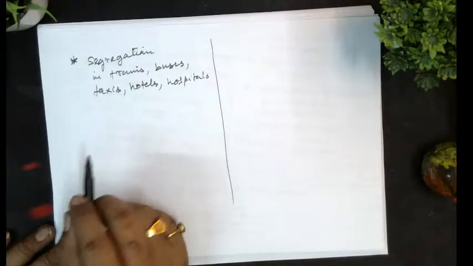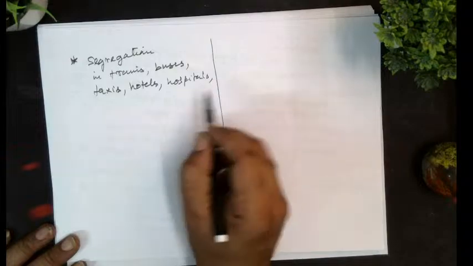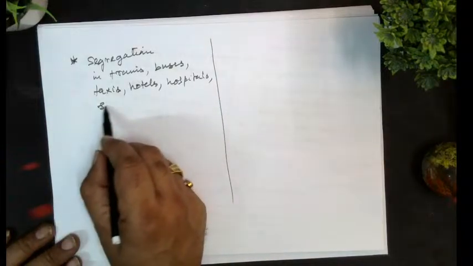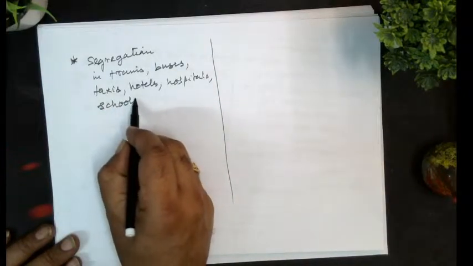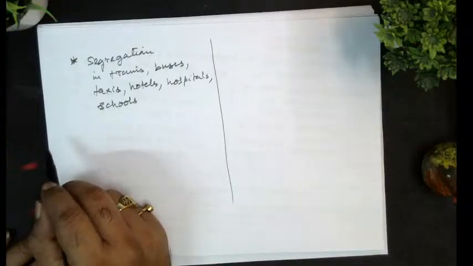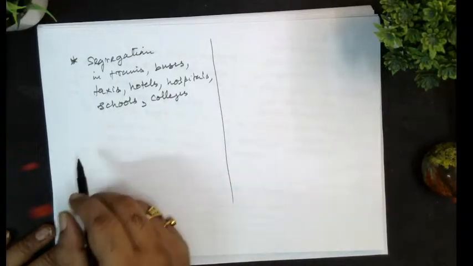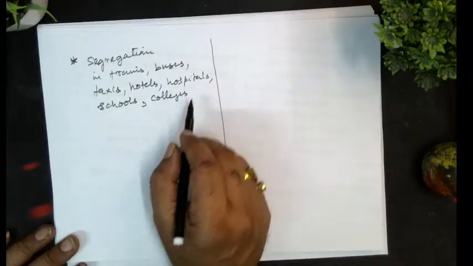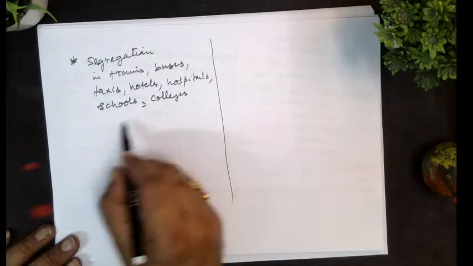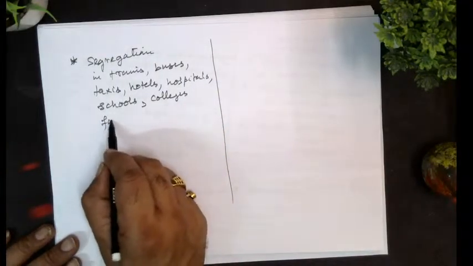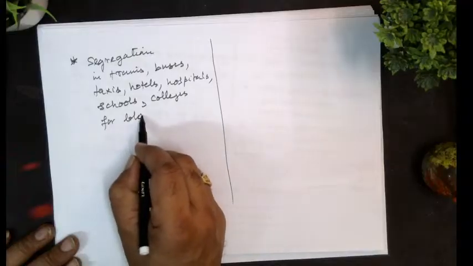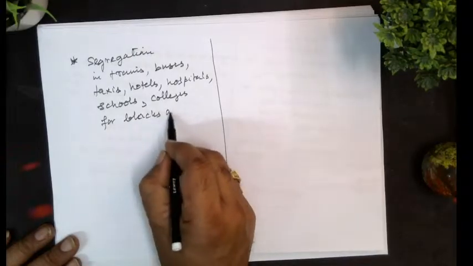So there were separate hospitals for whites and blacks, and also separate schools and colleges for blacks and whites.